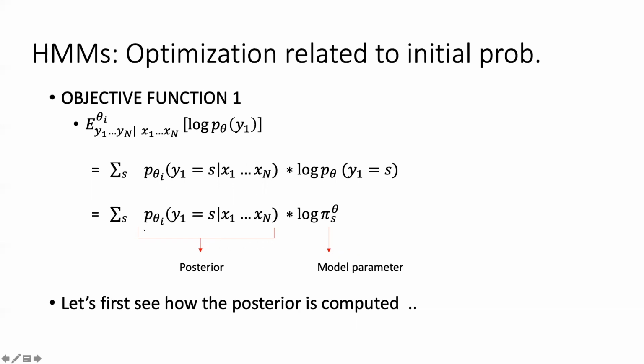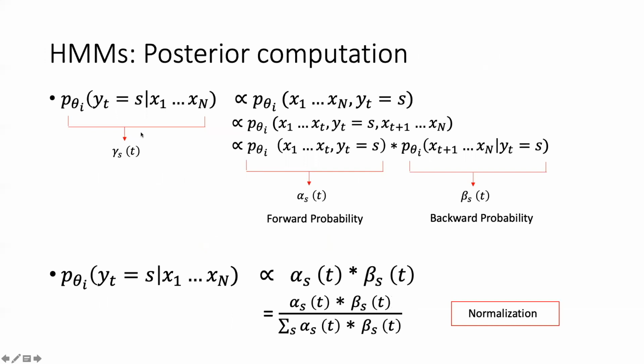Let's see how to compute this posterior, and then we'll come back to this expression and substitute it. The posterior p theta I of y being in the state s given the observation sequence is proportional to the joint distribution, and we can rearrange the terms here.